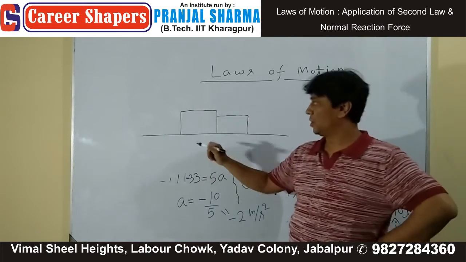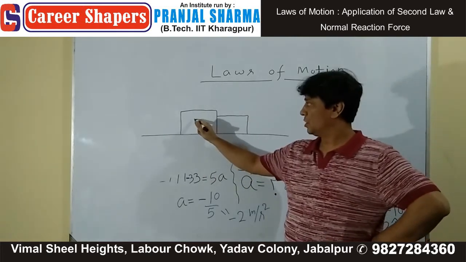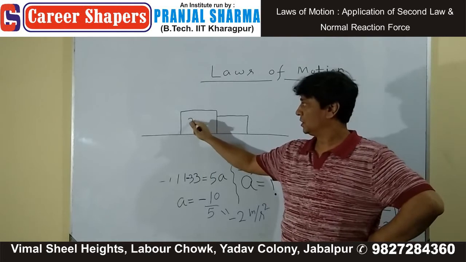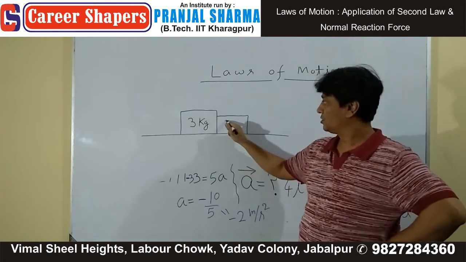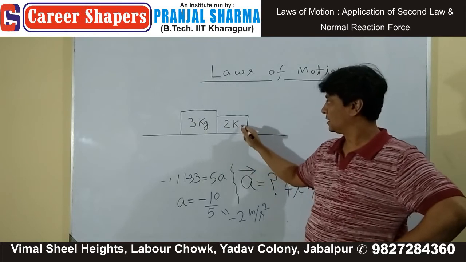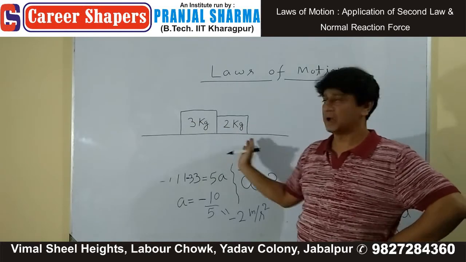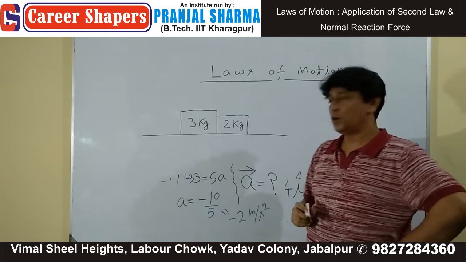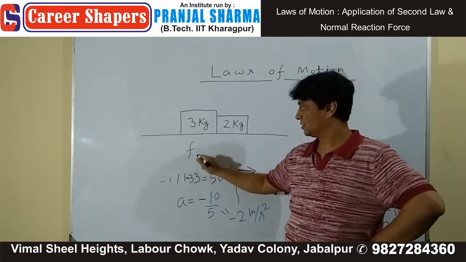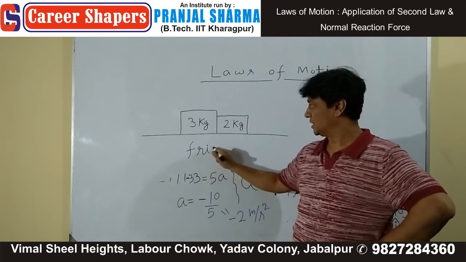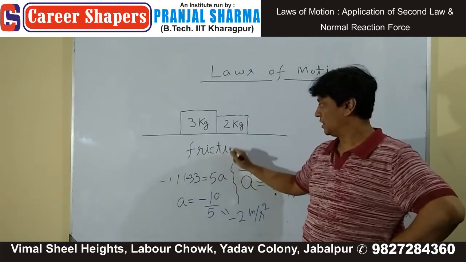There are two blocks of 3 kg and 2 kg placed side by side on a frictionless surface. There is no friction as long as it's not given.